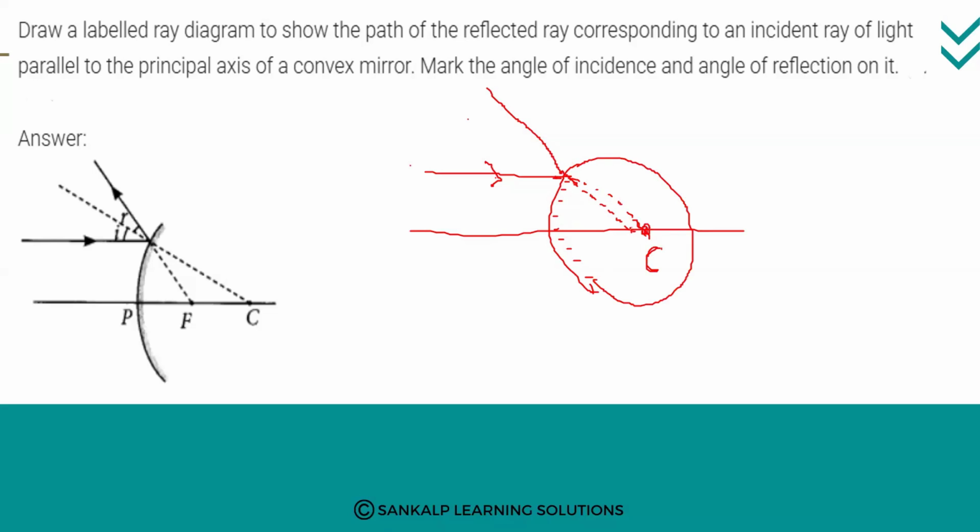Here it meets at a particular point F. Exactly they will not meet, but it appears to meet, therefore we call it appears to meet. So in case of a convex mirror, the rays appear to meet. But how is it in a concave mirror?